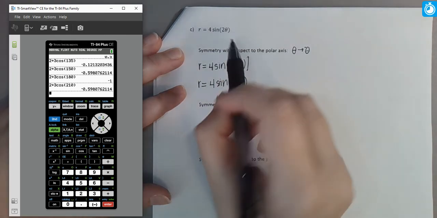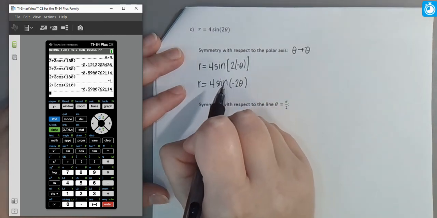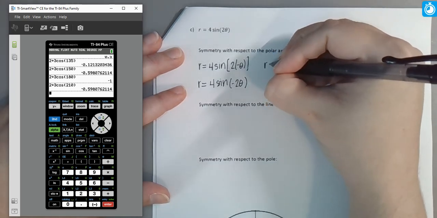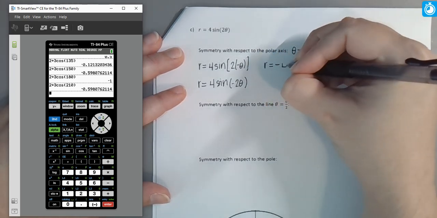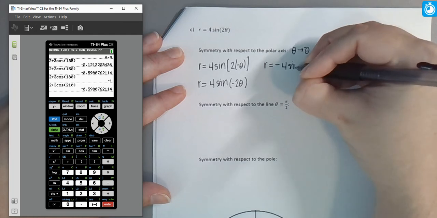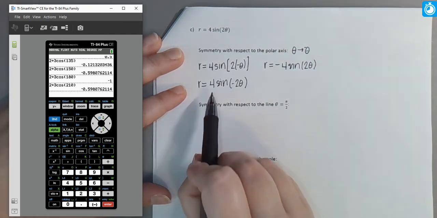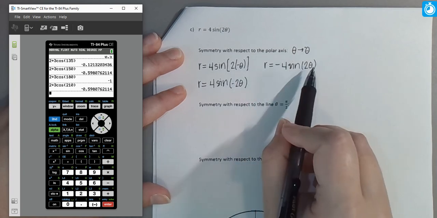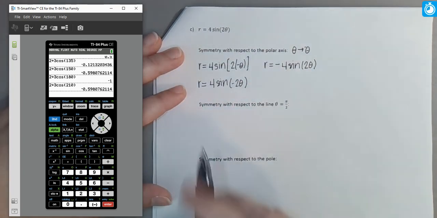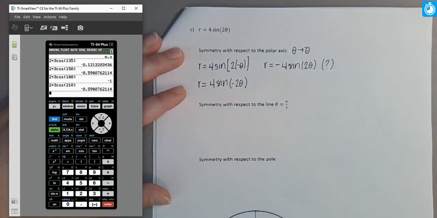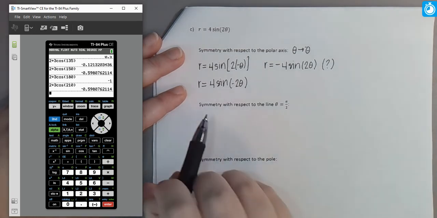As we've seen before, sine is an odd function, so the sine of a negative angle is the same thing as the negative sine of the positive version of that angle. It would make this whole term negative, which means we don't match our original equation. That means our symmetry test is inconclusive. We don't know if it has that type of symmetry based on the test.